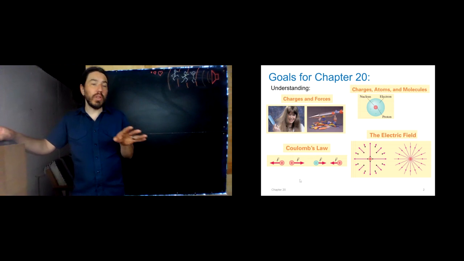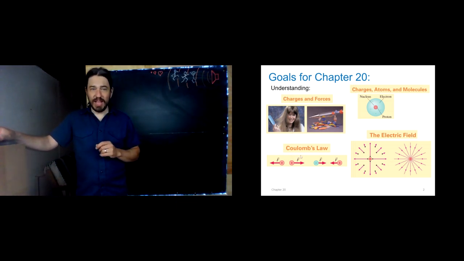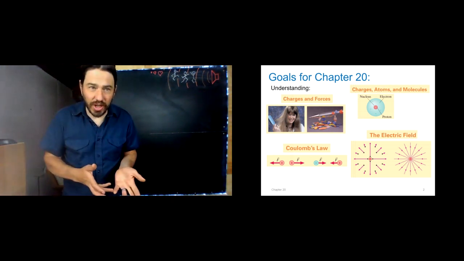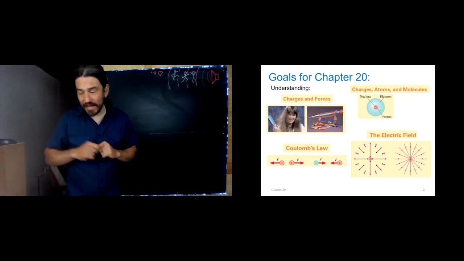And we're going to talk about a couple of other ways to wrap our brains around this force that we've observed in a little bit more of an analytical way. Coulomb's law is the name of the mathematical equation that we'll use to calculate these numbers. And then we'll introduce the idea of the electric field. The electric field is something that permeates space around a charged object and causes other charged objects in the vicinity to react.